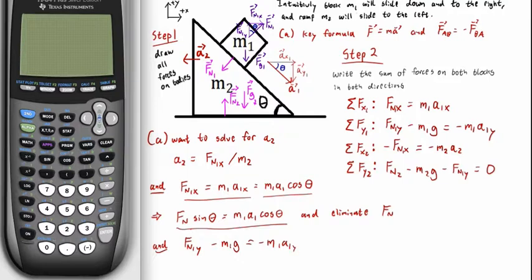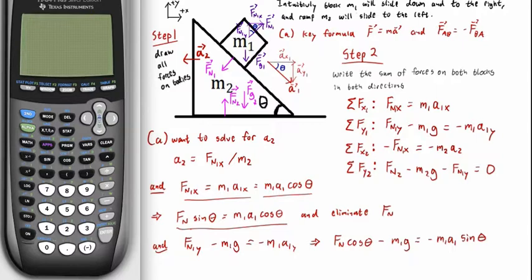So then we can expand that out a bit, and what that will look like is Fn cosine theta. We already talked about why cosine of theta is the y component of the normal force. Okay, and then just minus m1g. Excellent. And then that's going to equal negative m1 a1 sine theta.